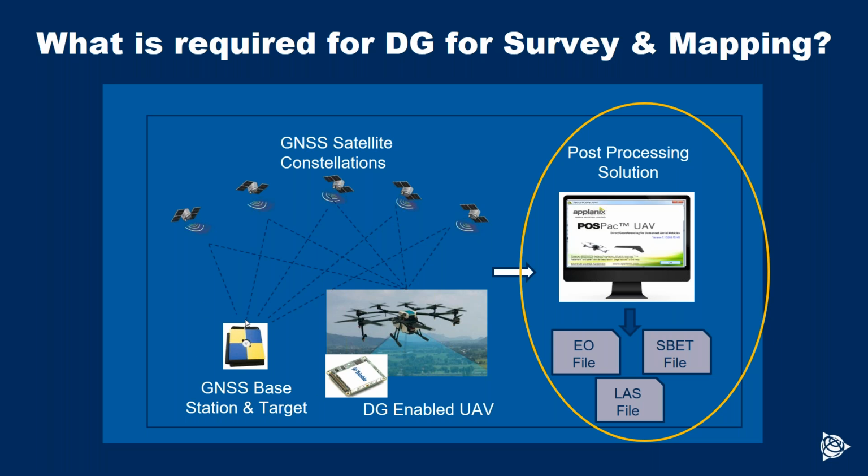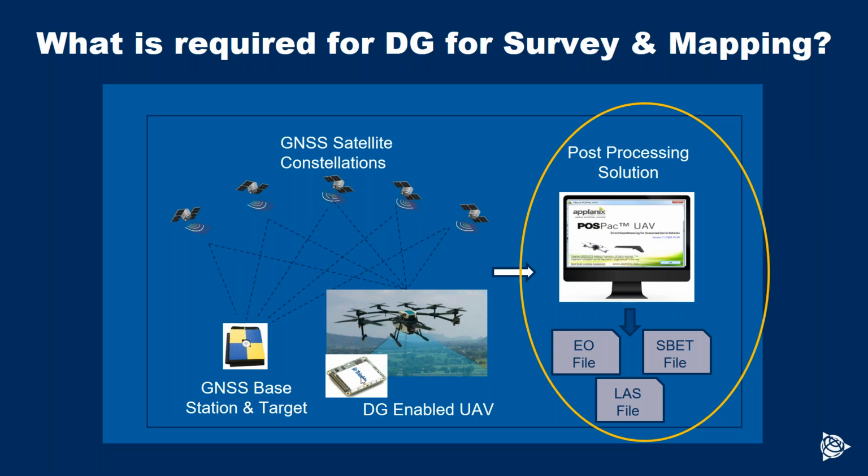So it takes that correction data as well as the orientation and positioning data from the DG solution that is embedded into the UAV platform, either on the UAV platform itself or on the payload.